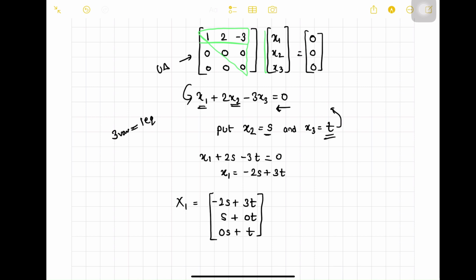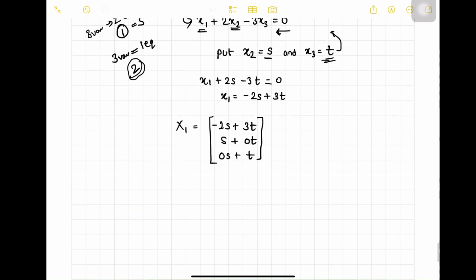So 3 minus 1, 2. So we'll put any two variables as s and t. If we had 3 variables and 2 equations, we would put 3 minus 2, 1 variable as s. Like that we will solve the equations.